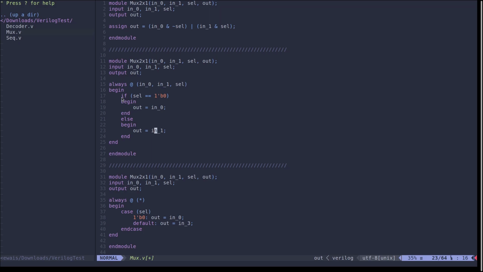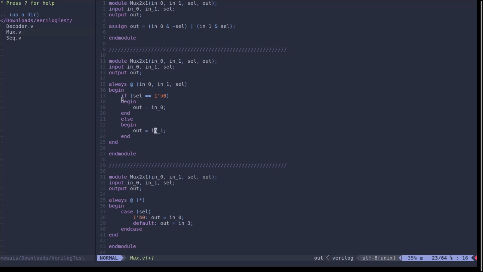Okay, so the behavioral description is basically dependent on your CAD tool, on your synthesis tool, and how good it is in understanding this or converting it to hardware. This means that behavioral description is risky because you run the risk of creating things that are not synthesizable. You run the risk of describing a behavior that is impossible to convert to hardware.